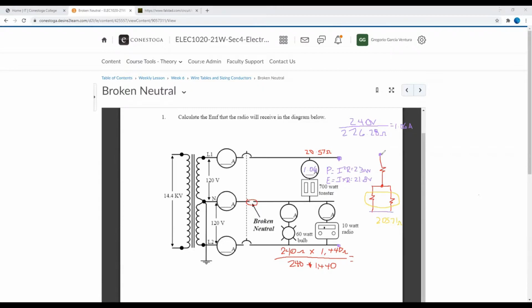So 240 volts, the total, minus the 21.8 is going to be the voltage drop on these two other components that are connected in parallel. That will be 218.2 volts.